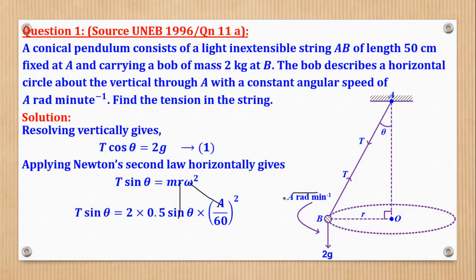Because it was per minute, but for us we're interested in per second. So 1 minute is equal to 60 seconds, implying that per minute will be 1 over 60 per second. Then m is that. So when you simplify, this will go with this, remain with T as that. And that's what they wanted.